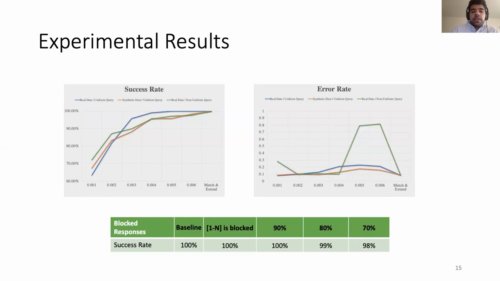We also look at the error rate in the elements that we recovered, and we find that match and extend performed better than increasing the noise parameter. Also, for the case where the large volumes are dropped, we show that even if you drop anything above 70%, we can recover 98% of the elements.